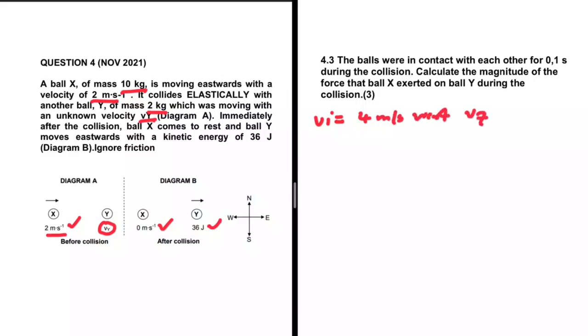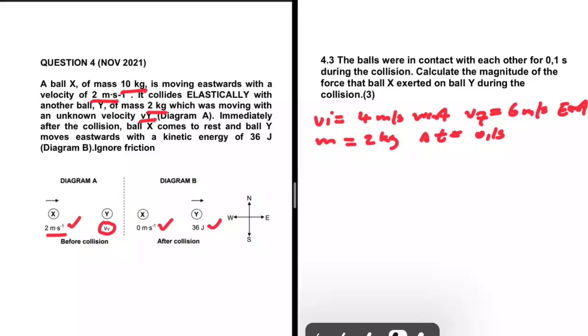And the final velocity, we also calculated it in 4.2 when we're using the fact that kinetic energy is conserved. We found it to be 6 meters per second to the east. And then the mass obviously is equals to 2 kgs, and the change in time is 0.1 seconds. Yeah, the balls were in contact with each other for 0.1 seconds.